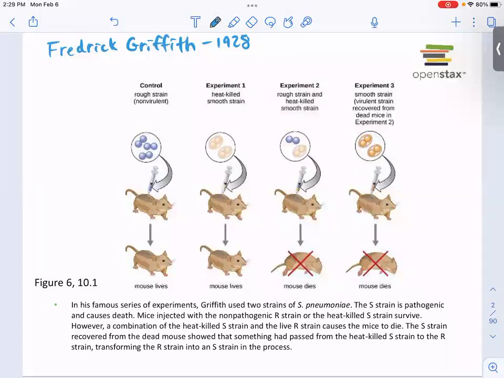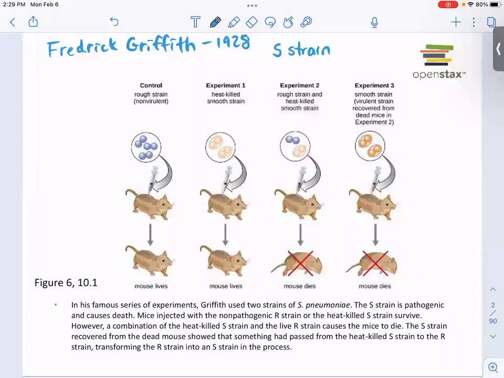Okay, so in this experiment, Frederick Griffith took two different strains of Streptococcus pneumoniae. That's an organism we'll talk more about later on in the class, which very famously causes a really severe pneumonia. A strain of a bacterial species is just a little variation of a species.